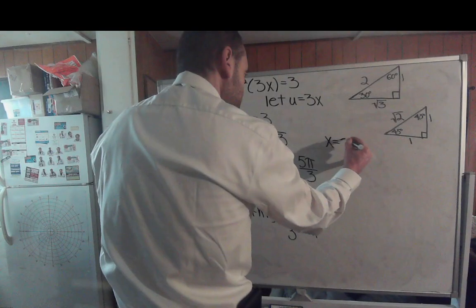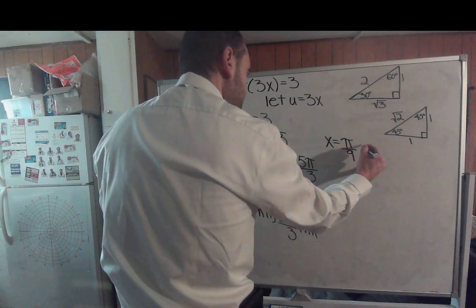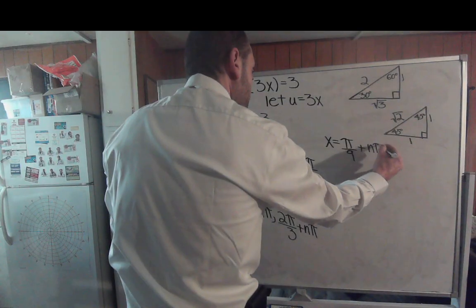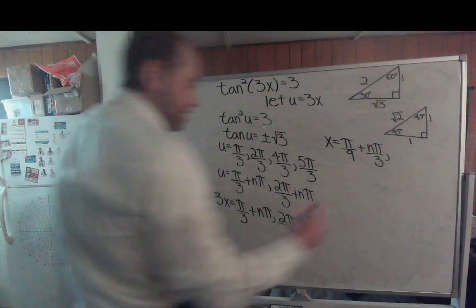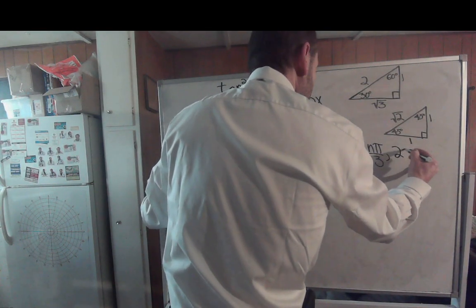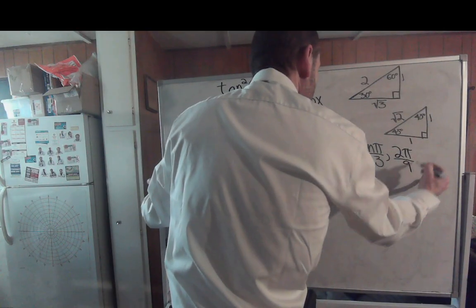You would get that x equals pi over 9 plus n pi over 3. And then you would end up getting 2 pi over 9 plus n pi over 3.